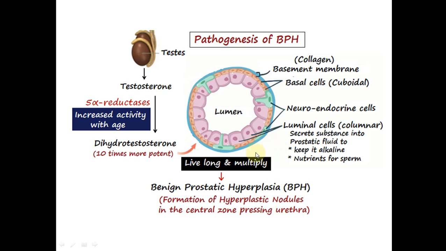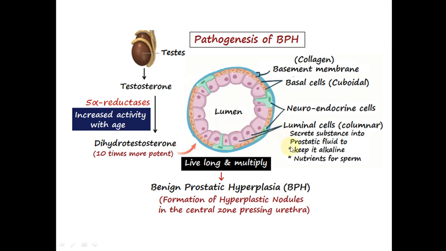Normally, the prostatic secretions, as I said, nourish the sperm, providing citric acid, and the fructose that is present in the semen secreted by the seminal vesicles provides nutrition to the sperm, and the prostatic fluid makes the semen alkaline. So the sperms survive longer in the acidic medium of the female vagina.